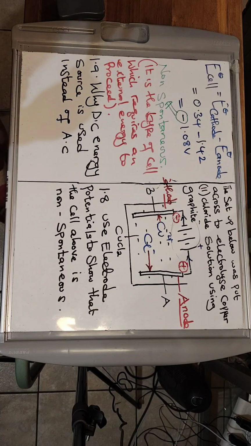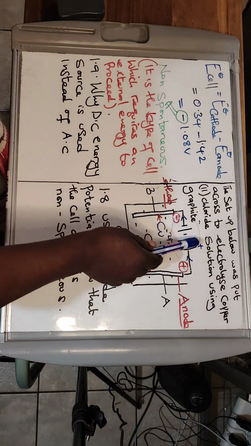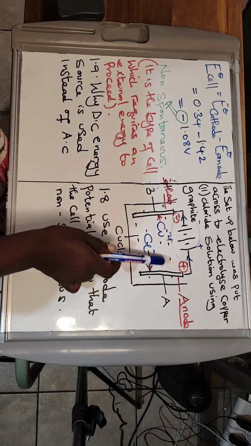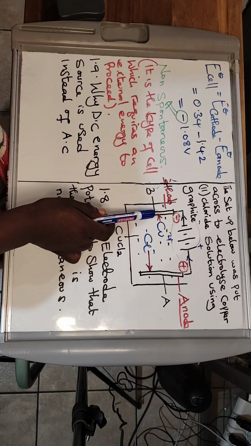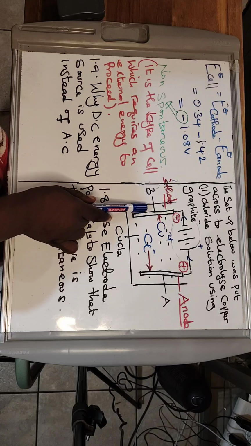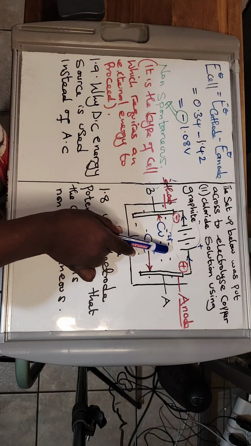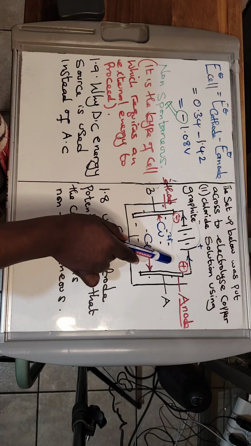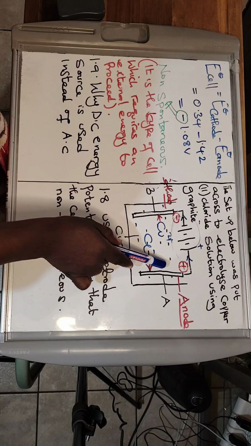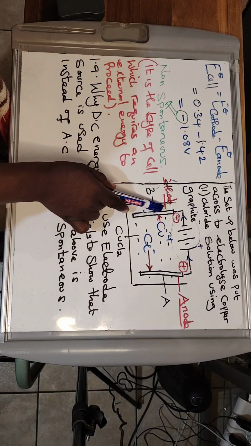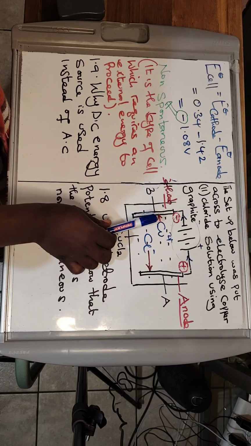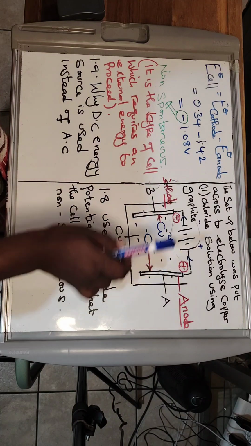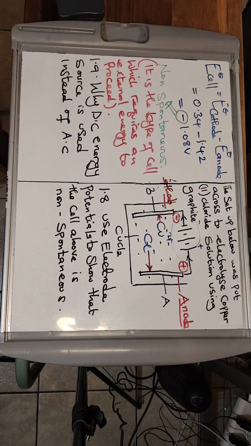The answer is very simple, that our intention is to make sure that these ions move in one direction. So by maintaining this part negative, we continuously manage the movement of all the positive charges to the negative terminal and all the negative ions to the positive terminal. So that's the reason why we use this.